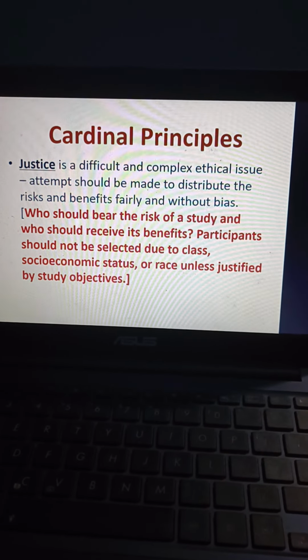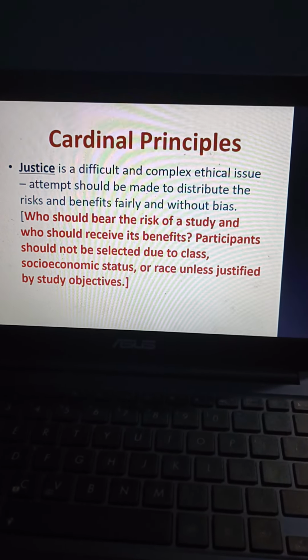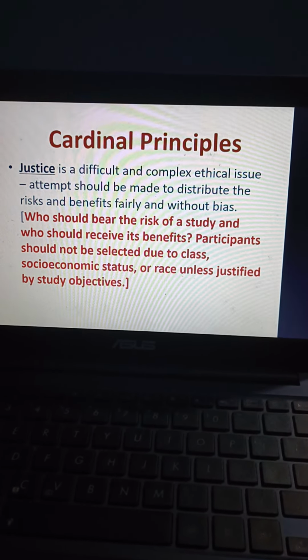Then justice. Justice is a difficult and complex ethical issue. Attempts should be made to distribute the risks and benefits fairly and without bias. Who should bear the risk of a study and who should receive its benefits? Participants should not be selected due to class, socioeconomic status, or race unless justified by study objectives.